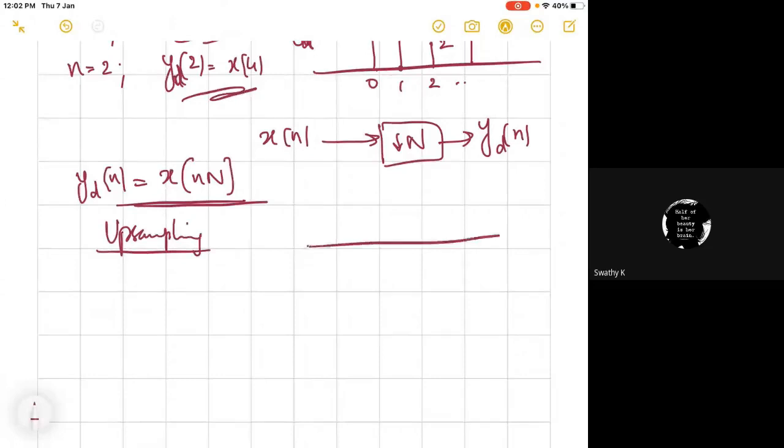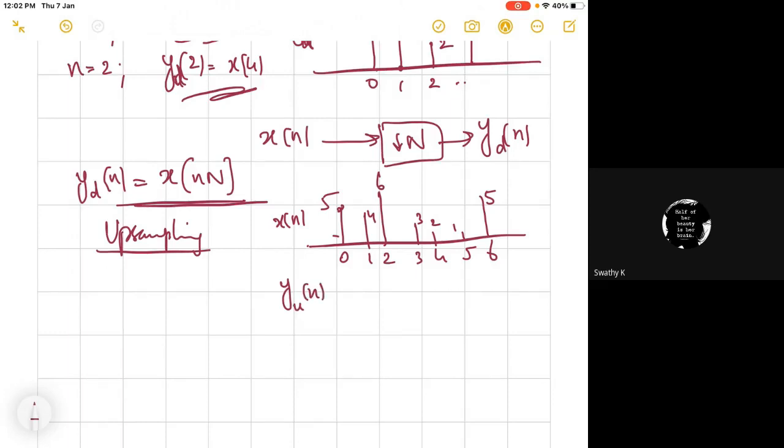When you have a signal, say x of n represented as 1, 2, 3, 4, 5, 6, 5, 4, 6, 3, 2, 1, 5. Suppose this is the signal x of n. The upsampled version of x of n, suppose by a factor of 2, would have at 0 the value 5, then 0 at 1, at 2 the value at 1, which is 4.